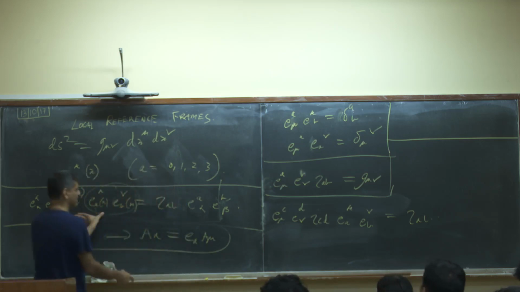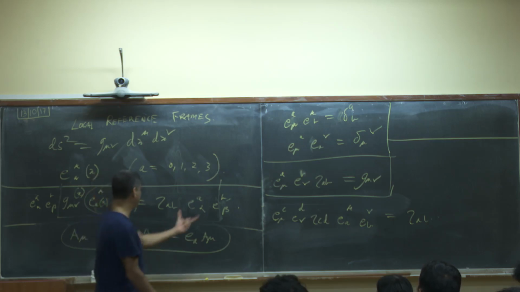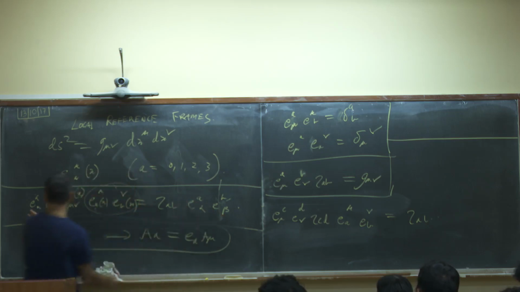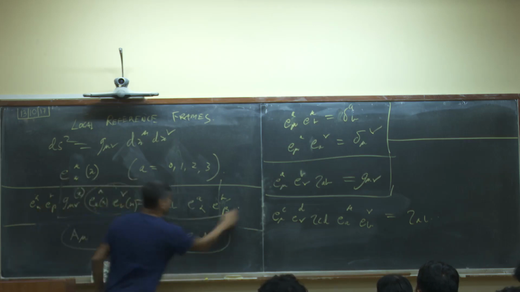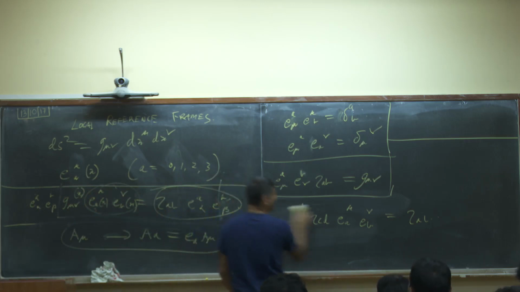So from here, he multiplied E with E on both sides. Use the fact that this gives a delta, this gives a delta, so we just get G mu nu. Perfect. Beautiful. Nice proof. Thank you. Okay.